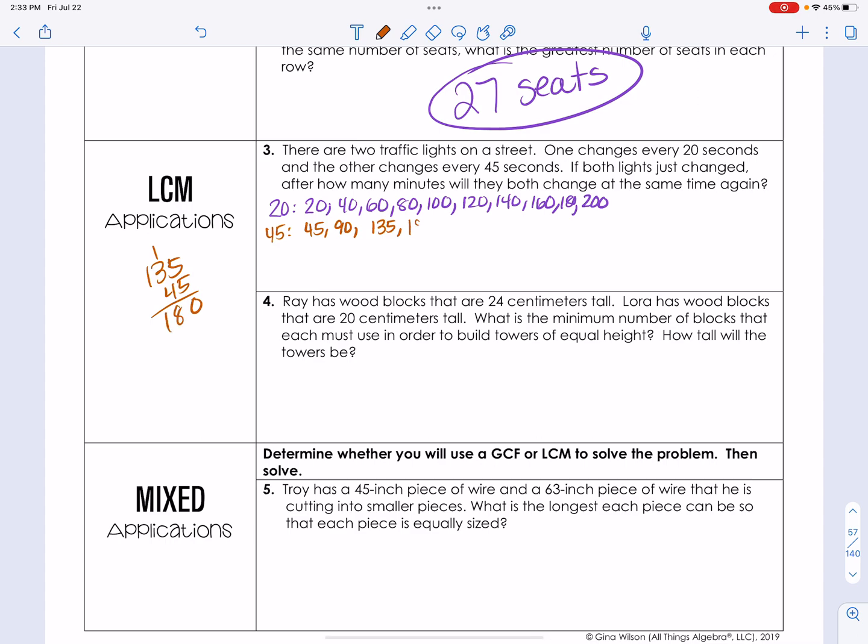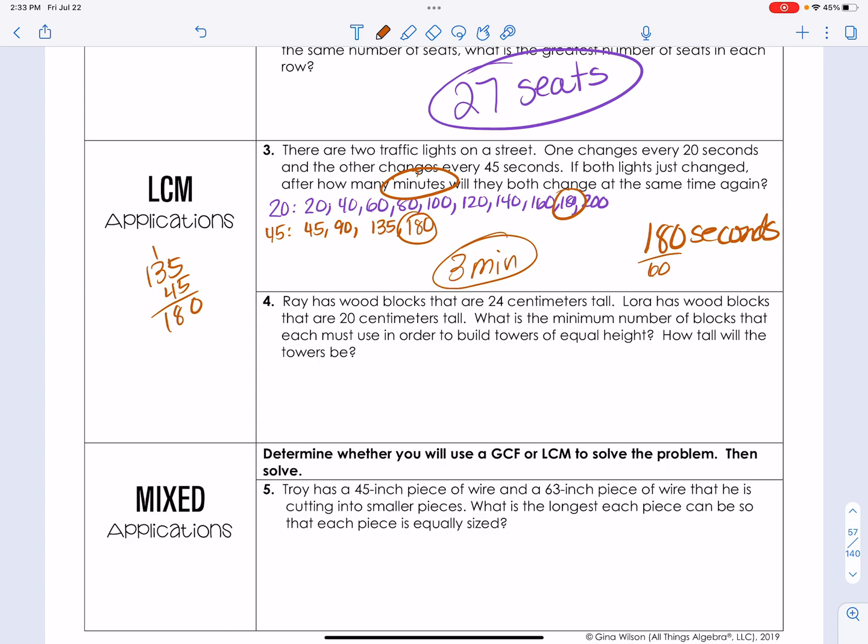That's on my list. So 180 seconds. But the question asked how many minutes, so divide that by 60 because there are 60 seconds in a minute. That's 3 minutes until they're the same again.